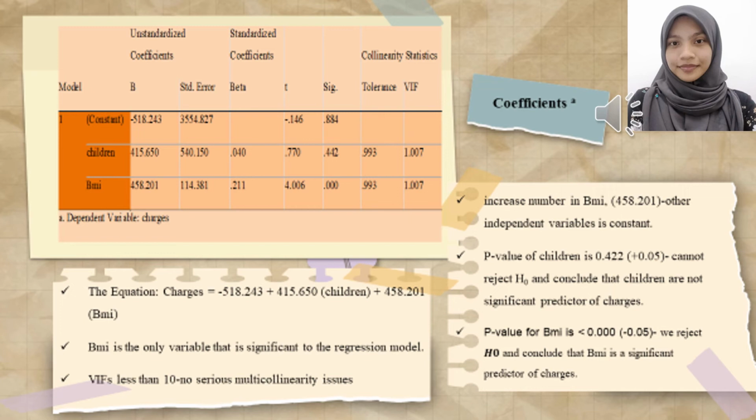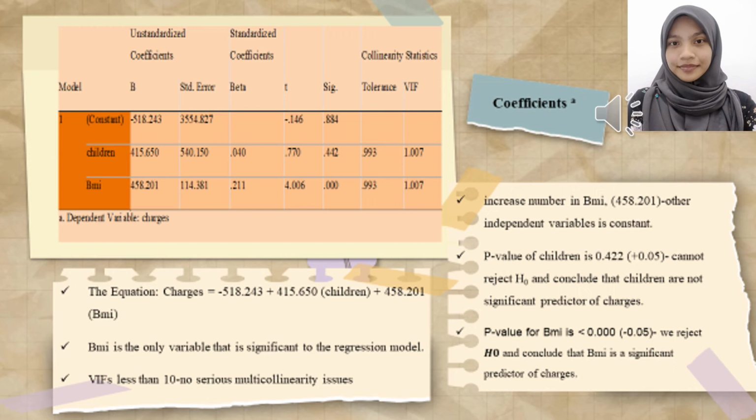Since the VIF of the two independent variables is less than 10, we can conclude that there is no serious multicollinearity issue. For every one-unit increase in BMI, the charge will increase by 458.201, given that all the other independent variables are held constant.